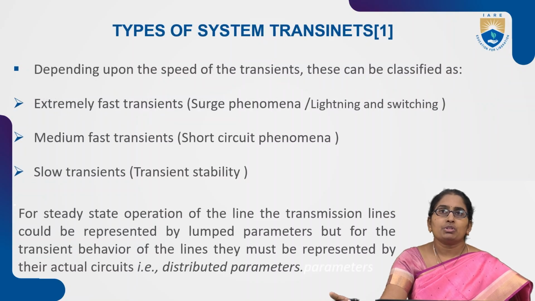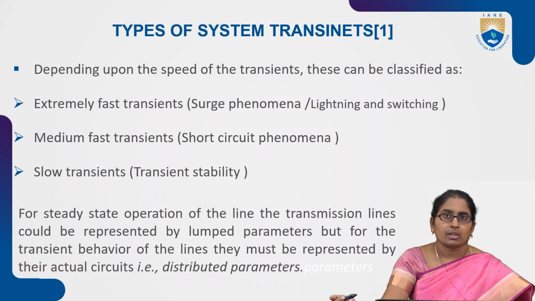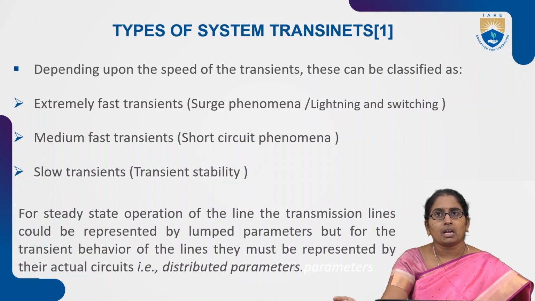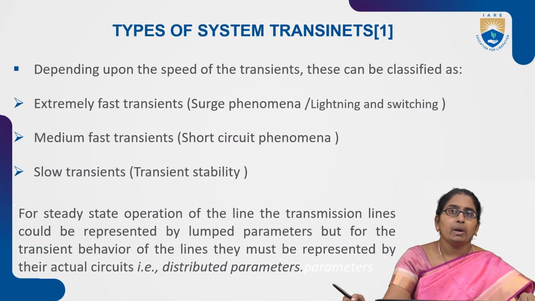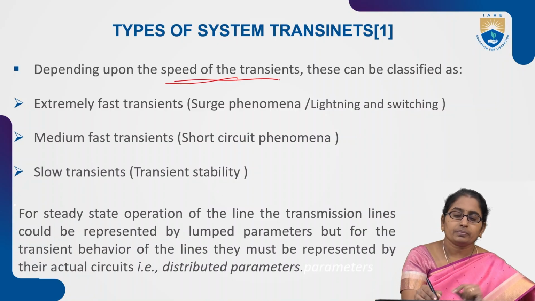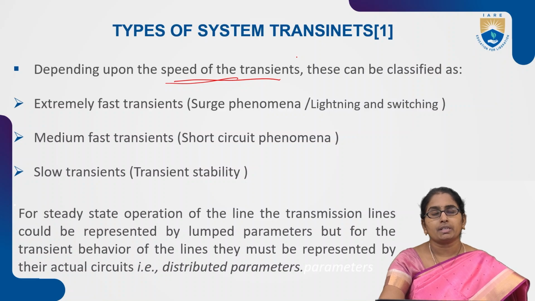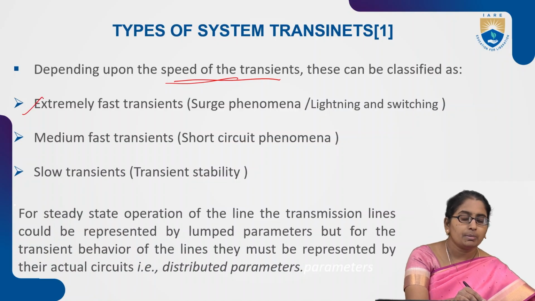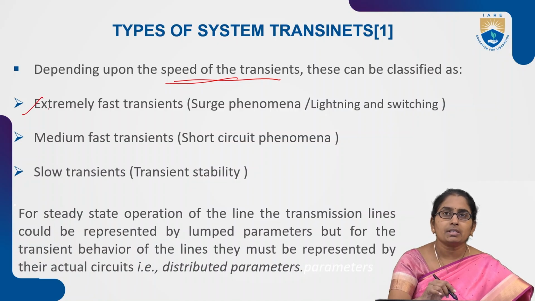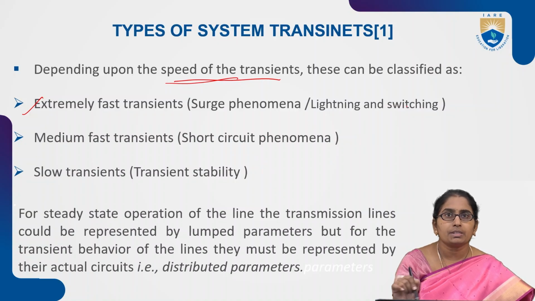Now, types of transients. They occur in power systems and transmission lines. Depending upon the speed of the transients, they can be classified as extremely fast transients, which generally occur due to surge phenomena, that is lightning and switching.